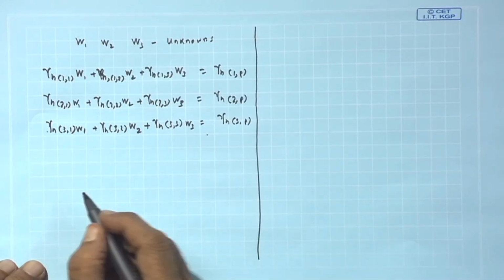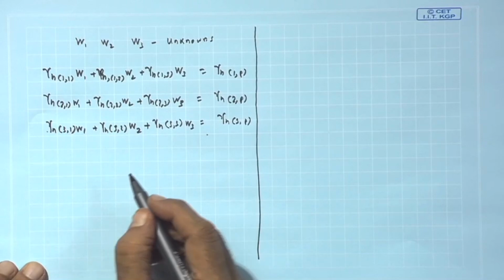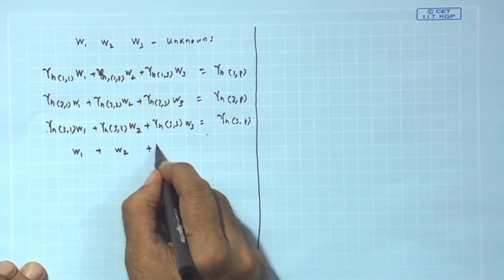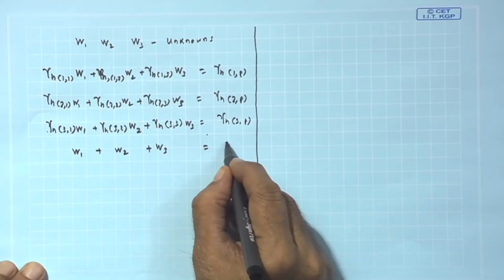But we know that we have another equation here, where W1 plus W2 plus W3 is equal to 1.